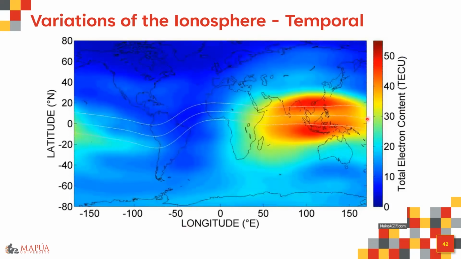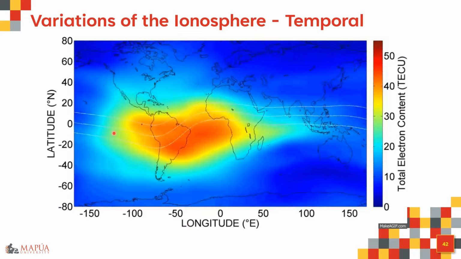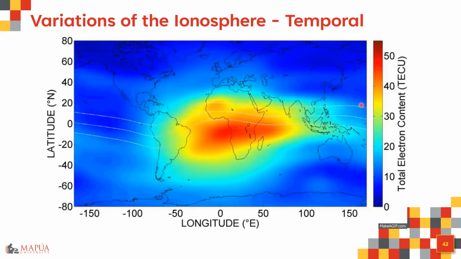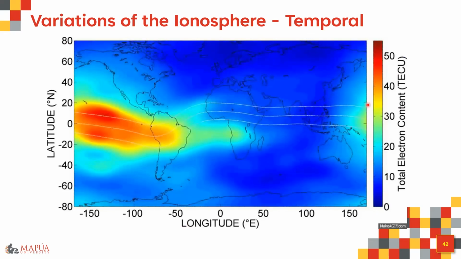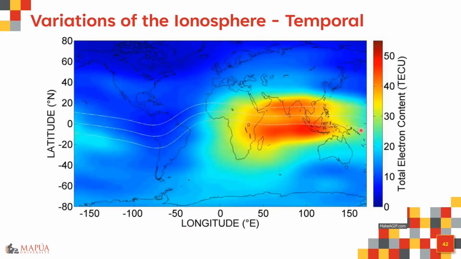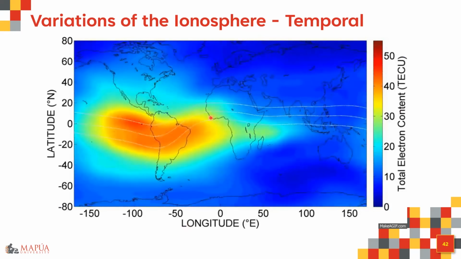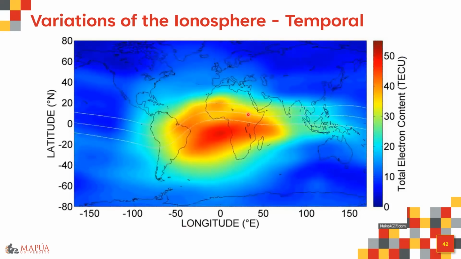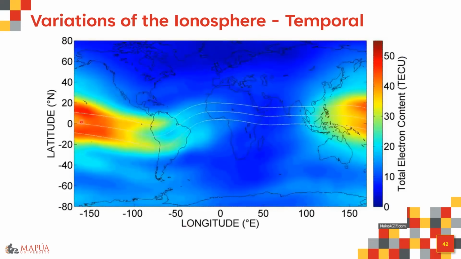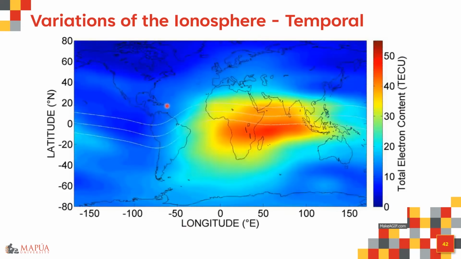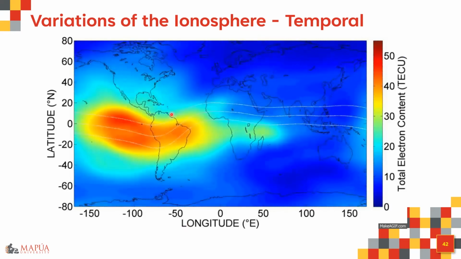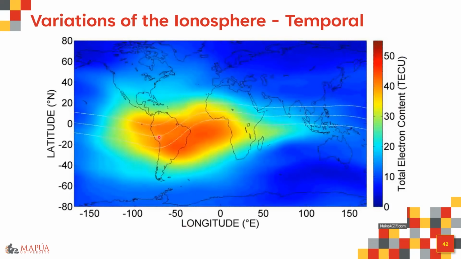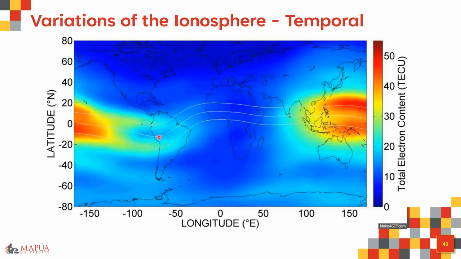This central white line is your magnetic equator, and the upper and lower lines are your plus 20 and minus 20 degrees magnetic latitude. So you will notice here that the ionization follows the magnetic field lines. This is moving because the Earth is rotating. Wherever this region of ionization is found, that is the region of the Earth facing the sun.